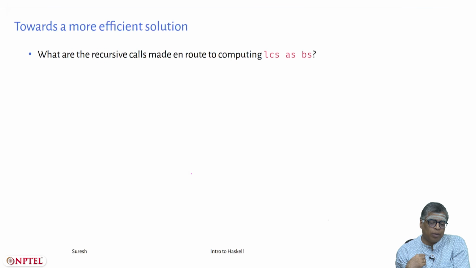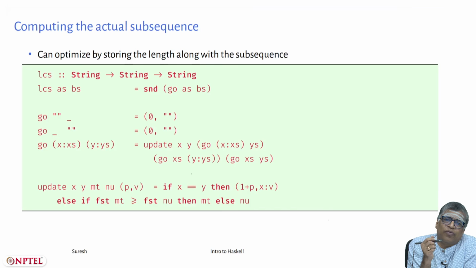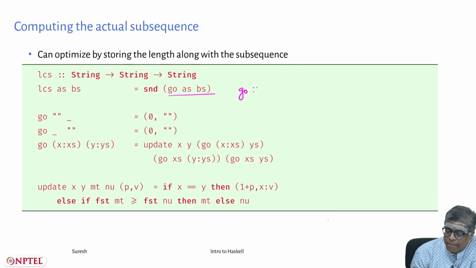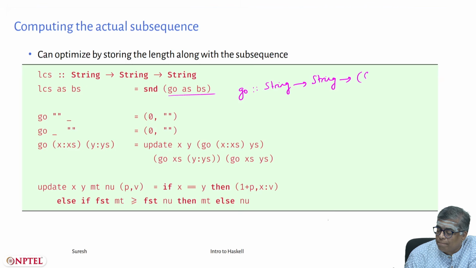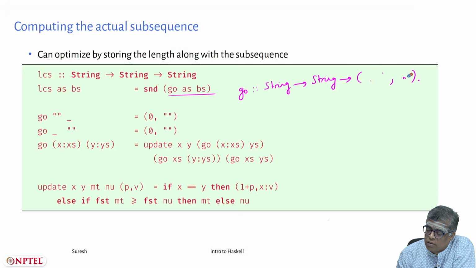If you want to do some little optimizations, rather than compute the length of the thing every time, you can store the length along with the subsequence, and this go will be of type int comma string.